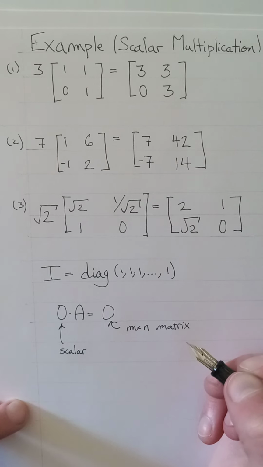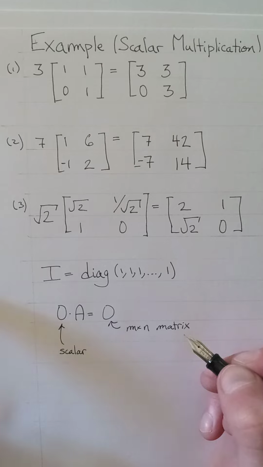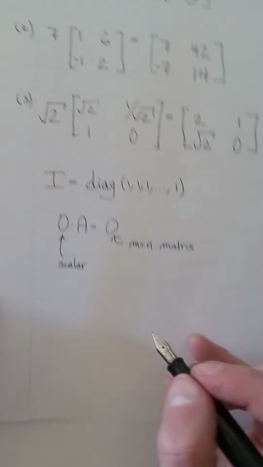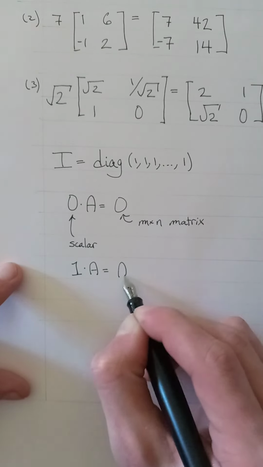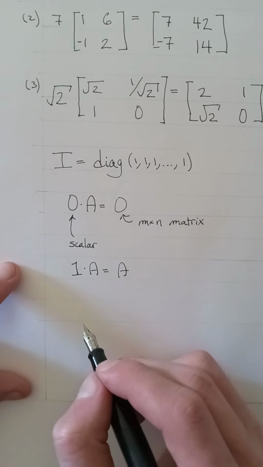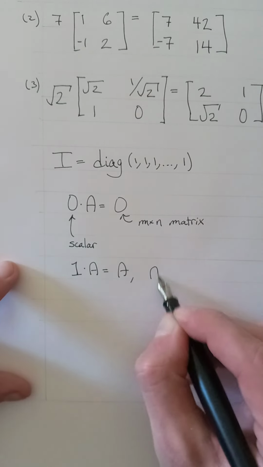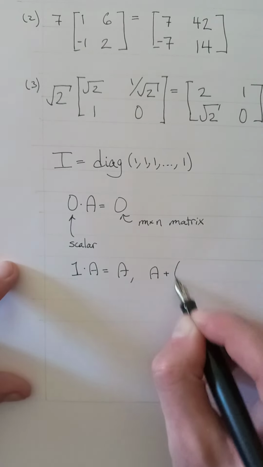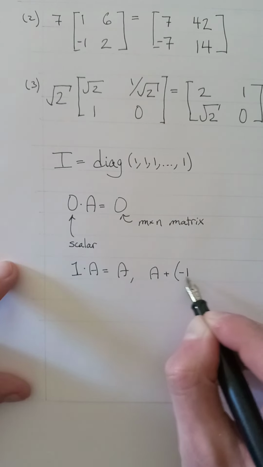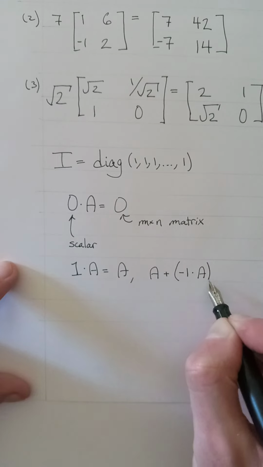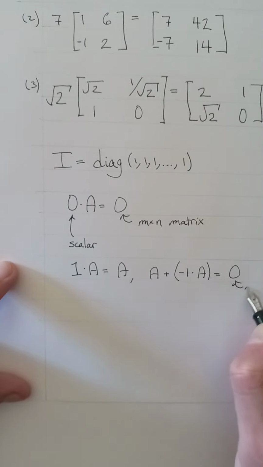You end up getting all the components vanishing in the resulting matrix. And similarly, 1 times A is equal to A. And there are some other consistency checks, like minus 1, the number, times A, then add A, is equal to the 0 matrix.